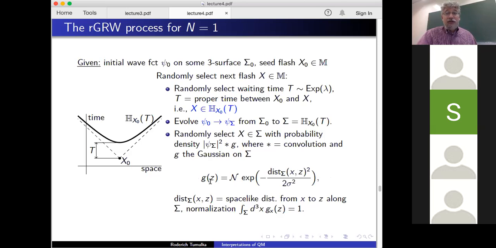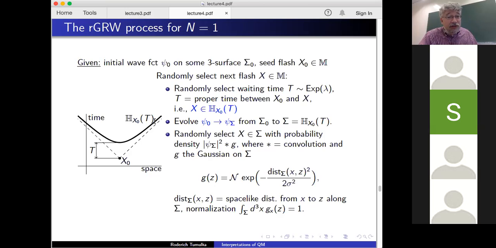Okay, so this is the curved Gaussian on this hyperboloid with width sigma. You do the convolution with this, so that means you smear out the psi square distribution with this Gaussian.